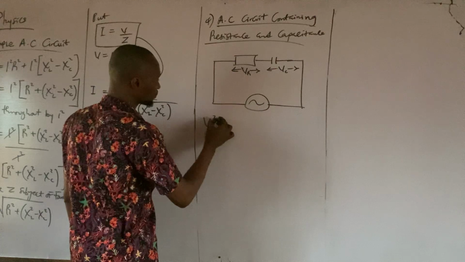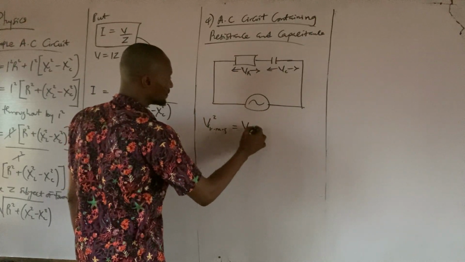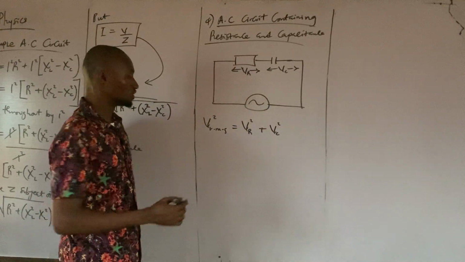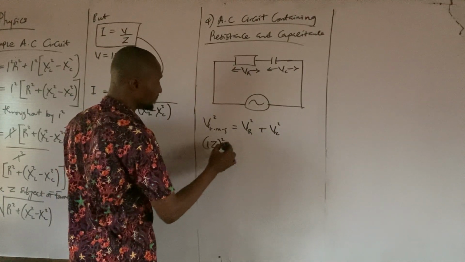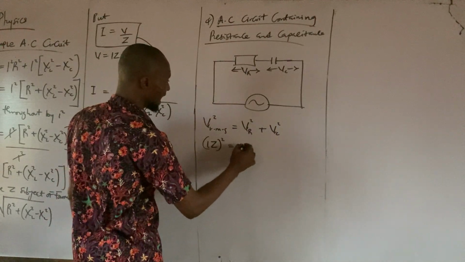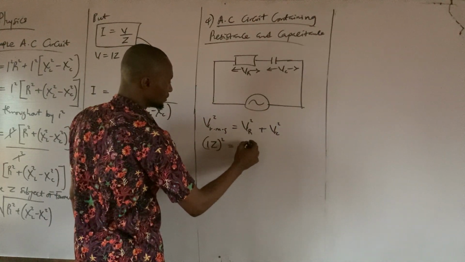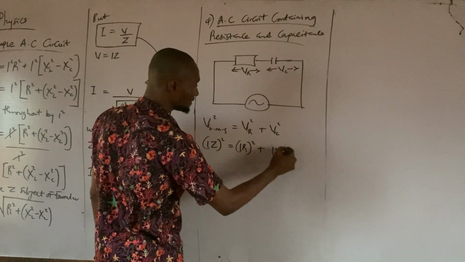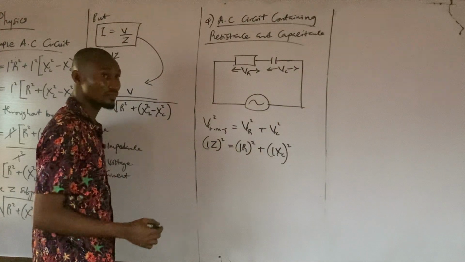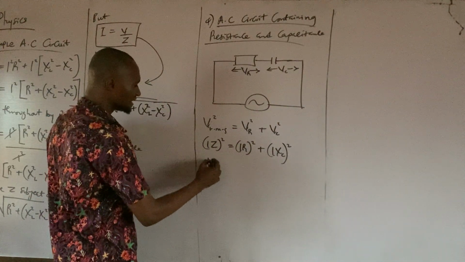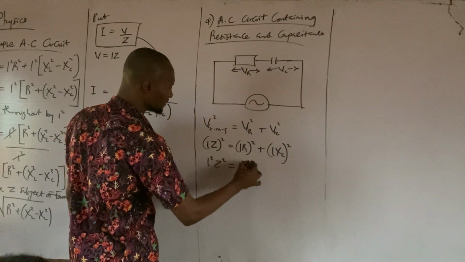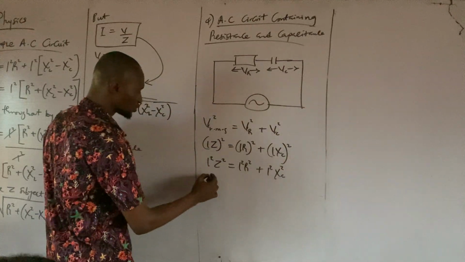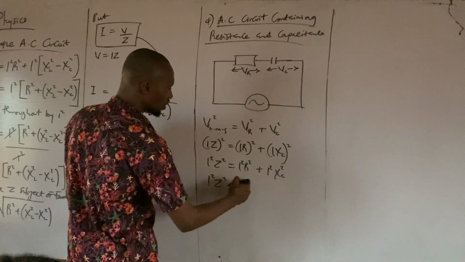V squared is equal to VR squared plus VC squared. Are you there? Yes. So this is (IZ) squared, based on what I taught you before, equal to (IR) squared plus (IXC) squared. Is that correct? So now this is I squared Z squared equal to I squared R squared plus I squared XC squared. The common factor here is what?